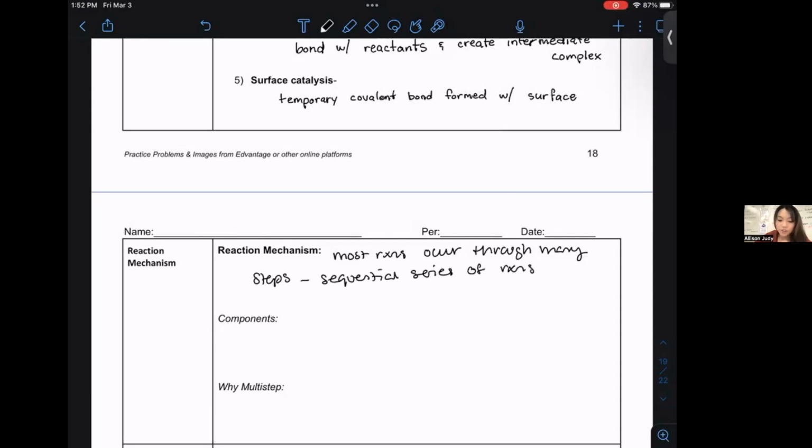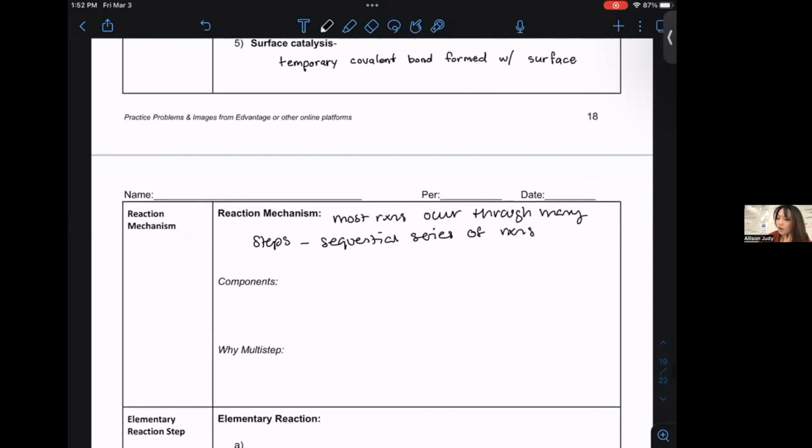reactions. Things that you want to consider that are often part of understanding a reaction mechanism and the sequential series that make it up: you often have what we call relative reactants. A product in one step might be the next reactant in the next step, okay? We get relative products.